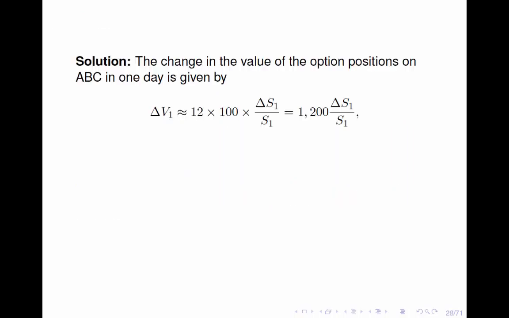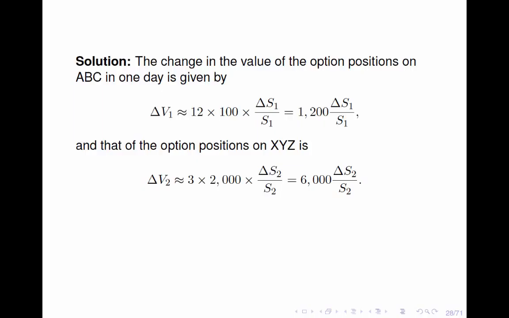The change in the value of the option positions on ABC in one day is given by the following, where 12 times 100 is the dollar exposure of the option position, and delta S1 over S1 is the rate of return of the underlying ABC stock. Similarly, that of the option positions on XYZ can be calculated as follows.